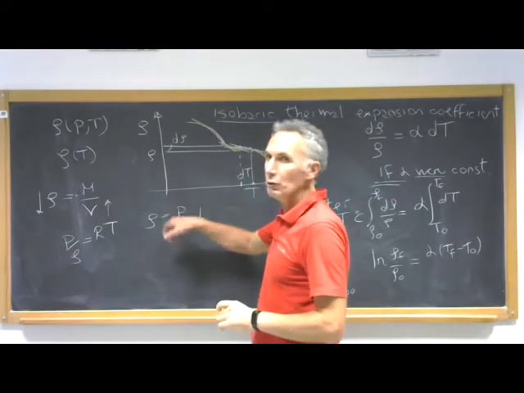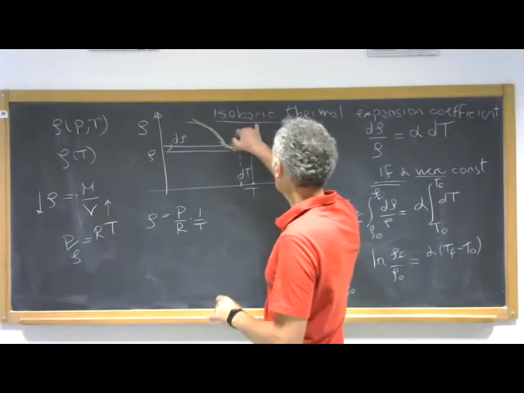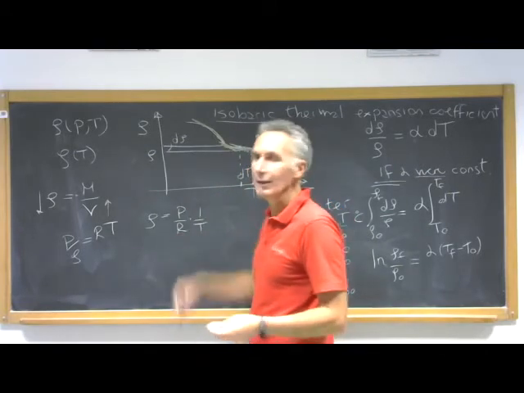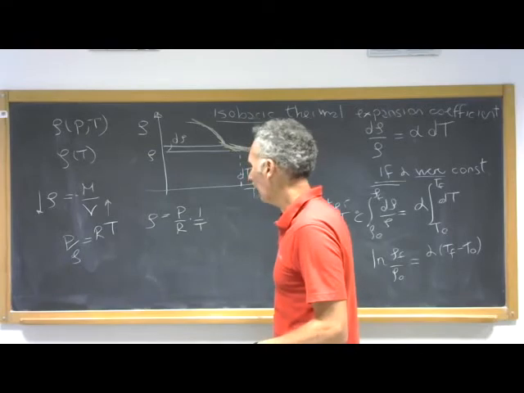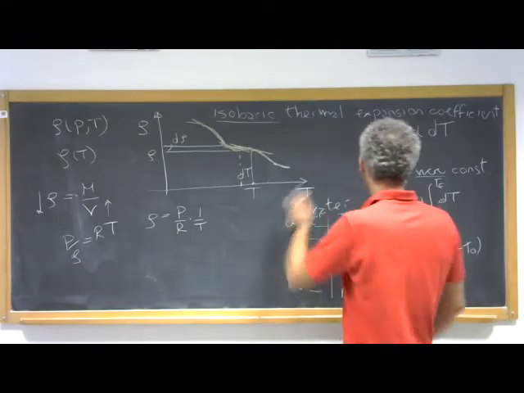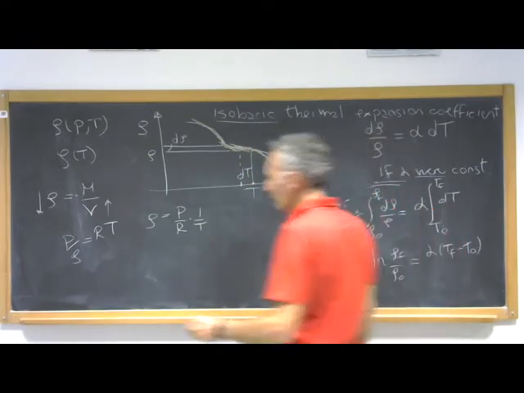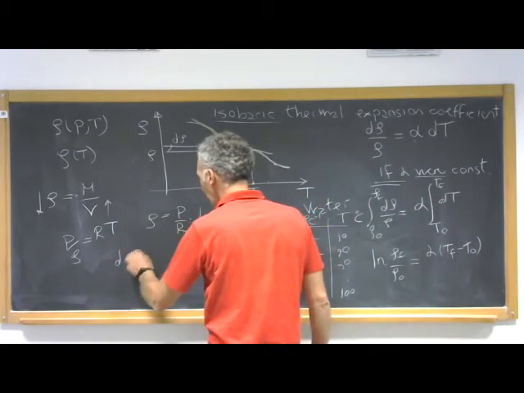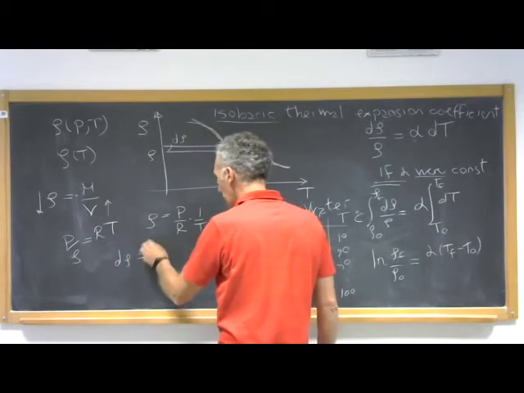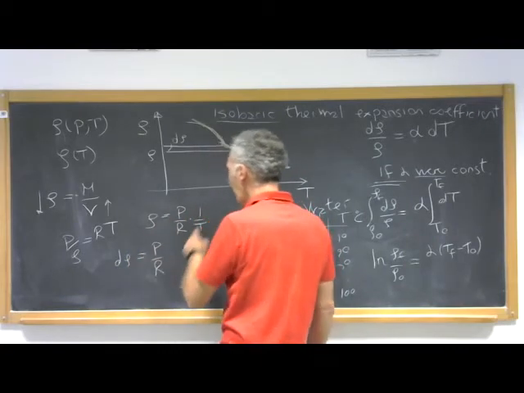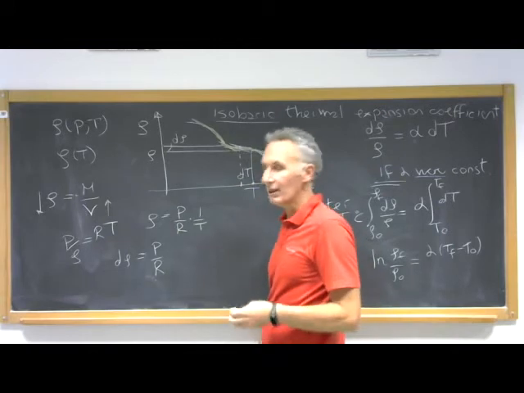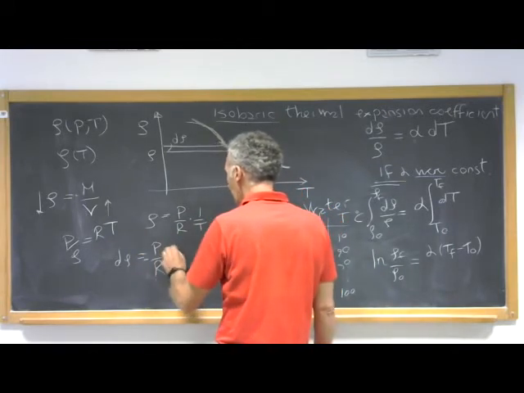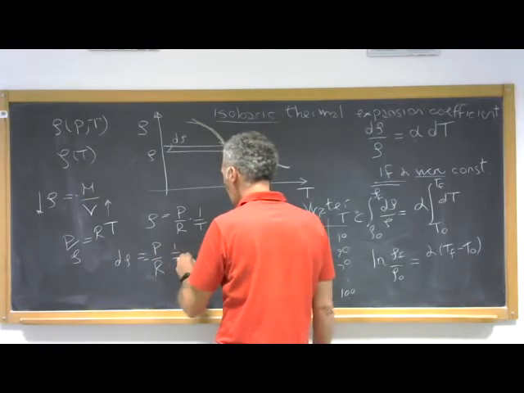Now, why do I put together P and R? Because when the transformation is isobaric, P is a constant, the same as R. Now I can differentiate, because I need the differential, and then I get d rho equal, this is a constant, so P by R. Now I have to differentiate 1 by T. So the derivative of 1 by T is minus 1 by T squared dT.